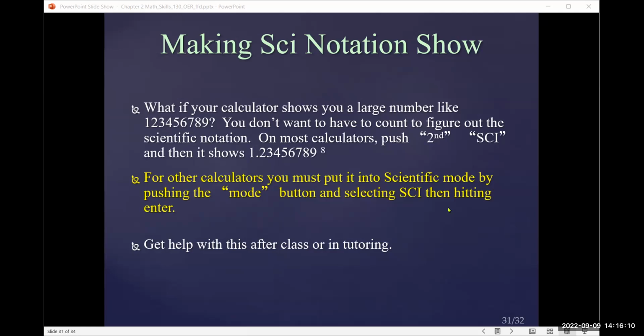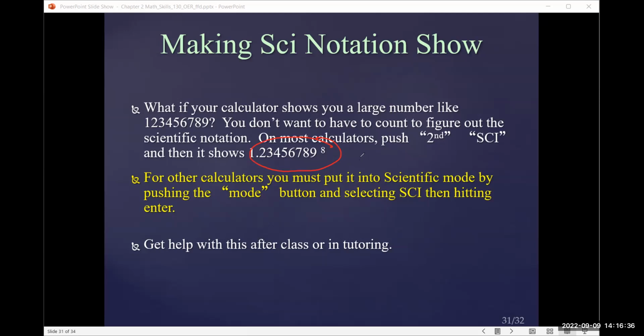Now, some calculators don't put that letter E. They give you the answer like, for example, this one here: 1.23456789, and then they put a superscript 8. That is not scientific notation.